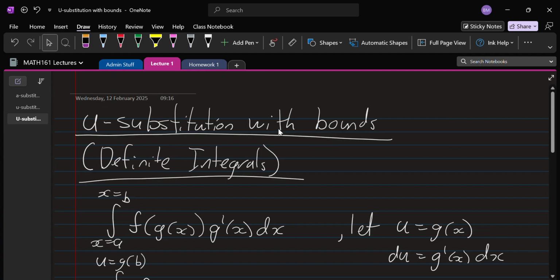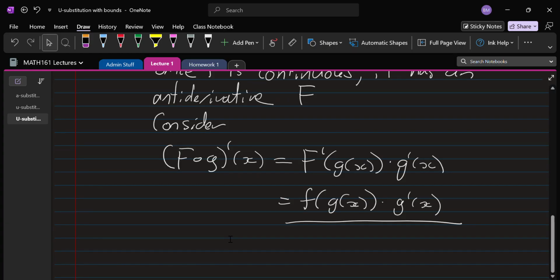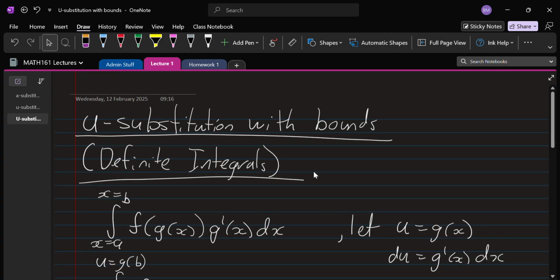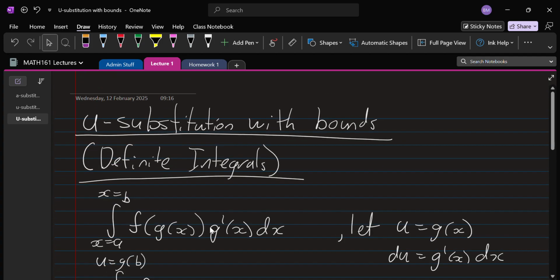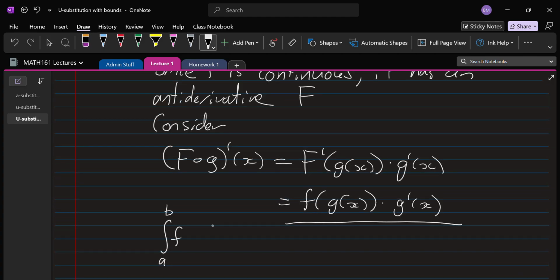So why does this help? Look at what we've got here: f of g of x times g prime of x. If we go up a bit, that's the integral. So what we're going to do is integrate both sides. We have the integral from a to b of this bit, which is what we wanted for the first line.